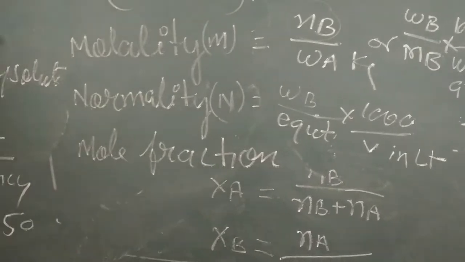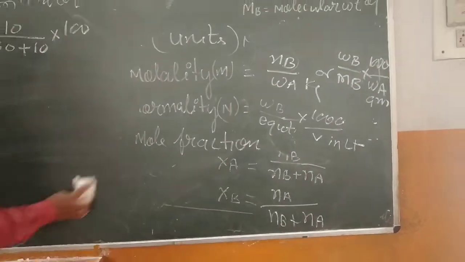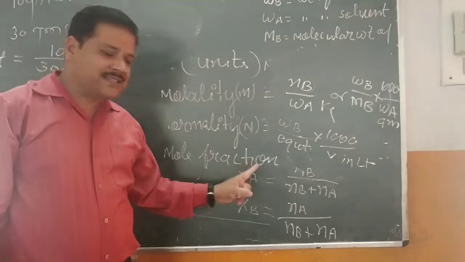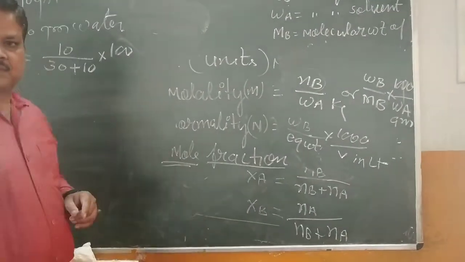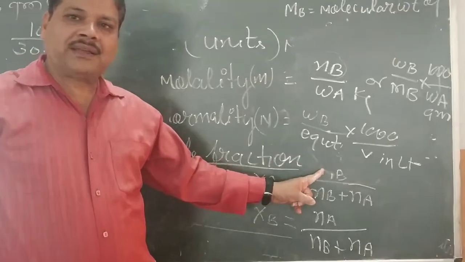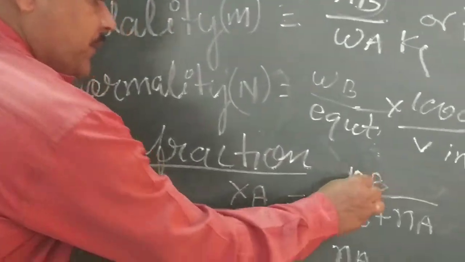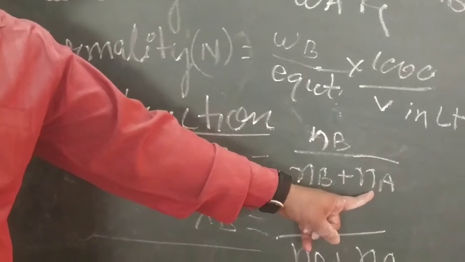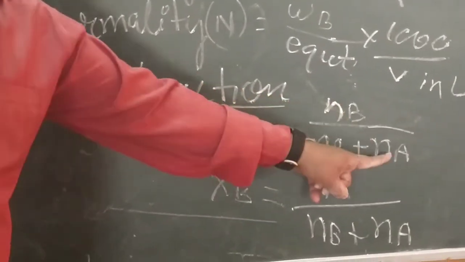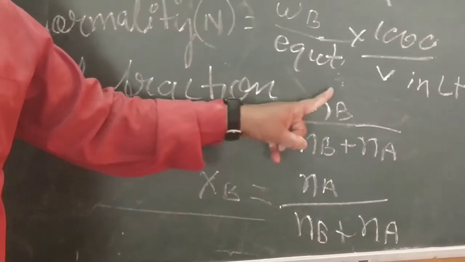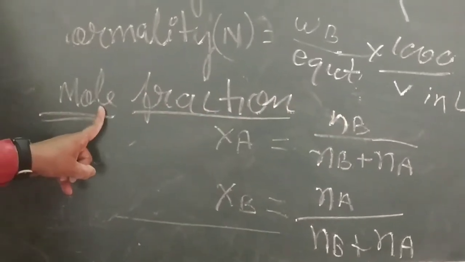Now next is mole fraction. As written here, it is not the mass fraction, it is the mole fraction. When we calculate the number of moles of solute and number of moles of solvent separately, the number of moles of solute present in the solution is called the mole fraction of solute.